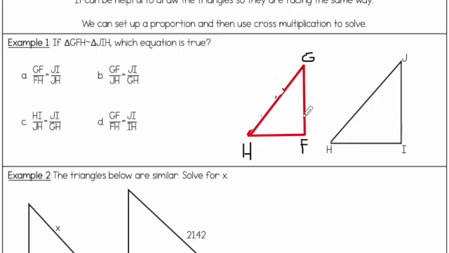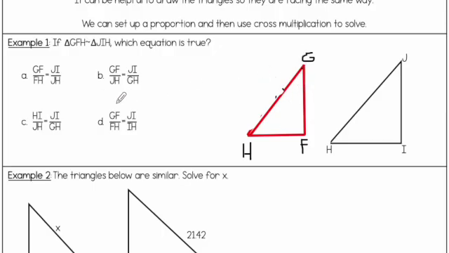So GF is to JH. So this line is to this line as JI is to GH. So that also wouldn't work because if you're doing this triangle and then this triangle, for the next one, if this triangle is on top, it should stay on top.